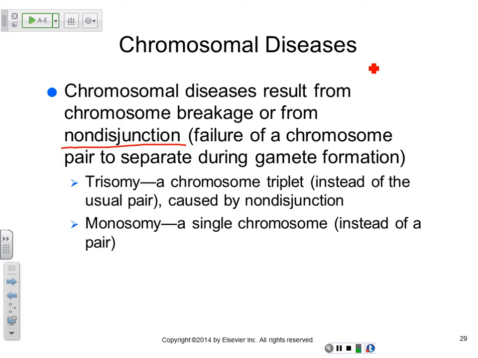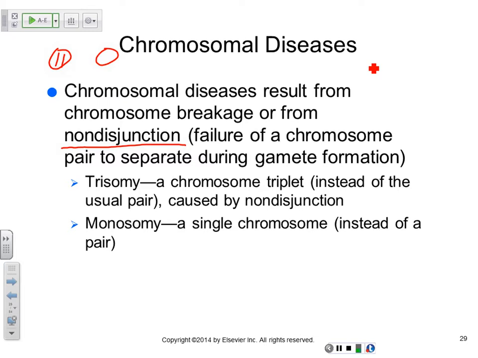You'll end up with a gamete that has 2 copies of that chromosome, and another one that has nothing, because the pair went to one gamete instead of one to each.